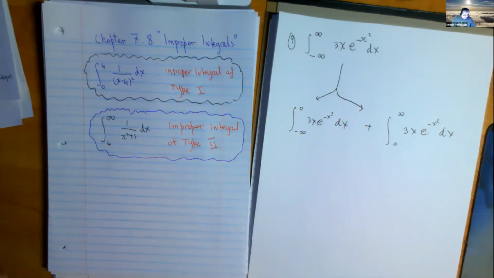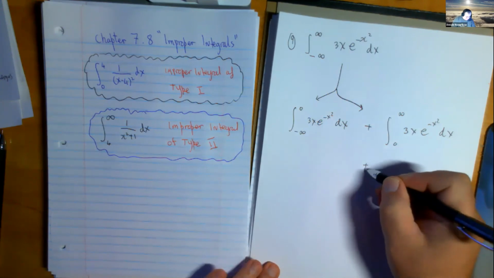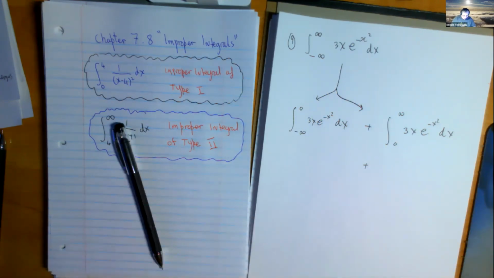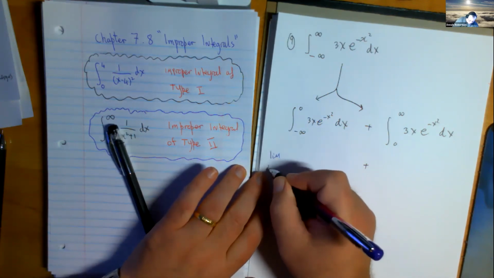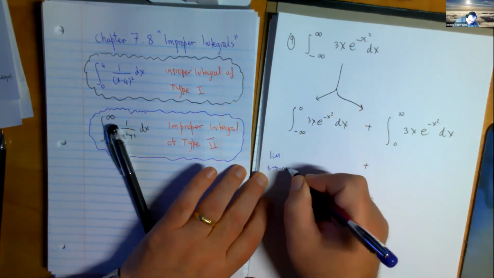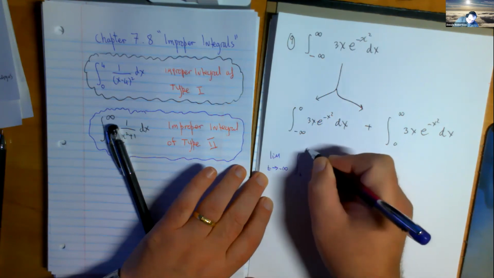Great. Now for each one of these integrals, they become their own separate limit, in this case, the limit as t tends to negative infinity of t to 0.